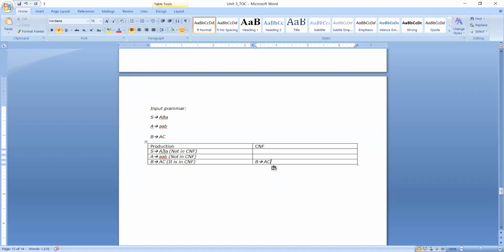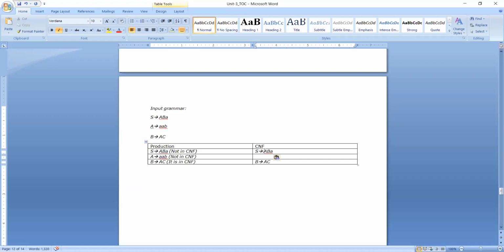Then we need to convert this production into the corresponding CNF form. For that, just now we discussed that whenever the length of the right hand side is greater than 2, we need to split it into parts, partitioning in such a way that the length on the right hand side will be equal to 2.